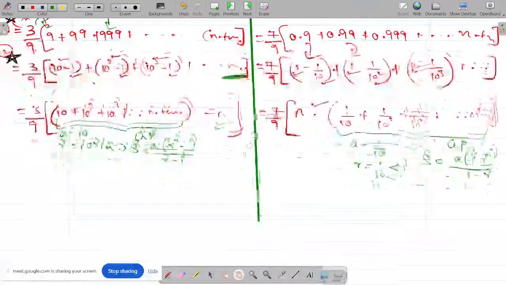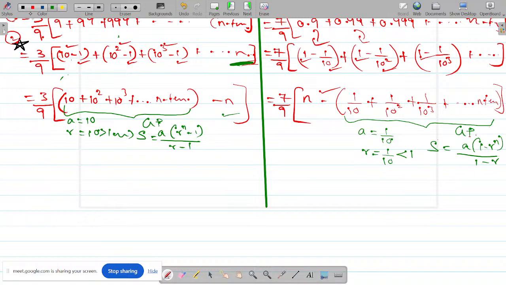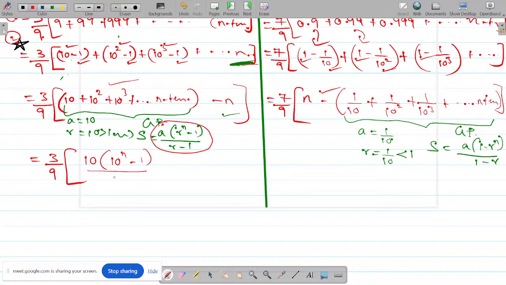Now we apply the formula here. This is equal to 3 by 9. Apply the formula, S value for this one. 10 into 10 power n minus 1 divided by 10 minus 1. I can write it as 9 itself, minus n only, because you don't know how many terms are given.